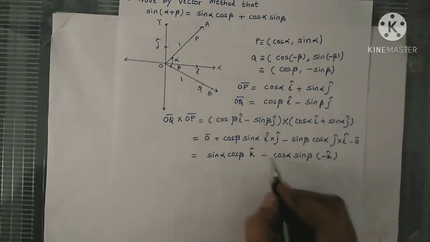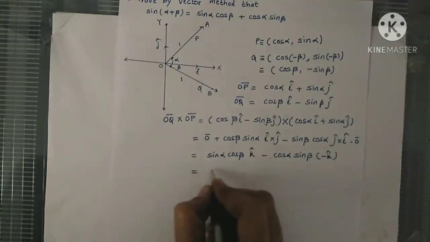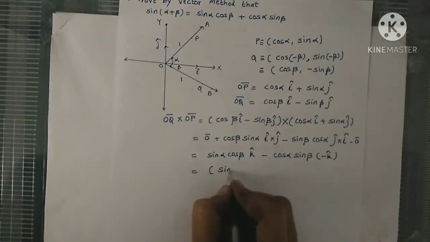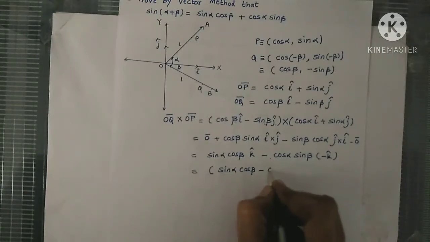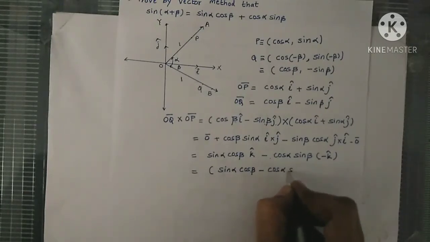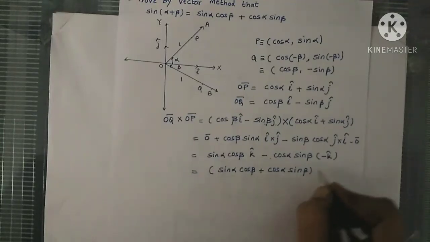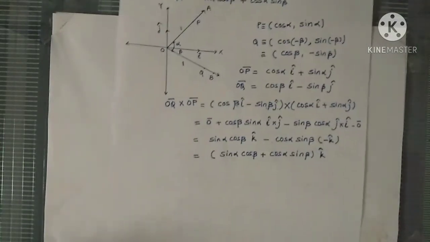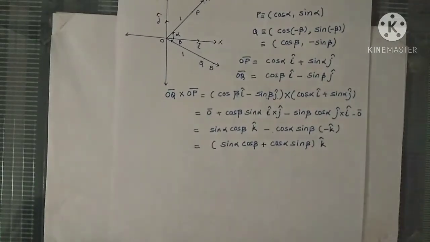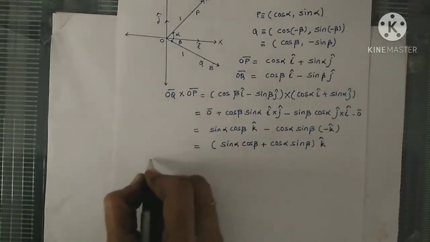So this minus minus becomes plus, and we can take k cap common. So this is sin alpha cos beta plus cos alpha sin beta, k cap. Okay. So we have cross product of OQ bar and OP bar. Now let's take modulus of this.